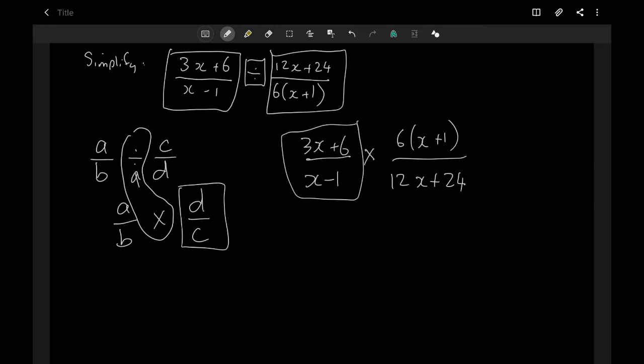So let's take a look at this first fraction. We know that 3x plus 6 can be factorized. That is, we know that it's 3 bracket x plus 2. We can't factorize the bottom part, so that stays the same. Multiplied by. We know that this part is already factorized, so that stays the same.